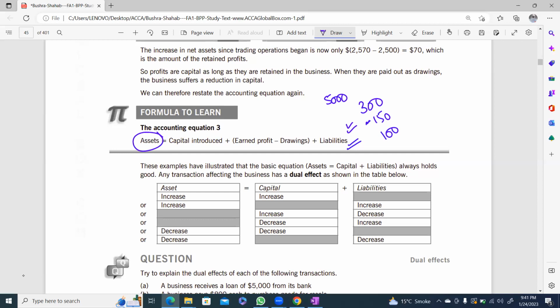If profit and drawings are given, then we use this formula. Otherwise, the simpler formula works. You will know from the question which formula to use, but you should be familiar with these three.